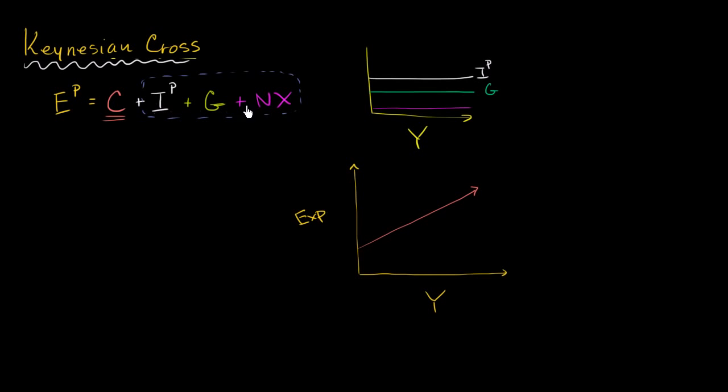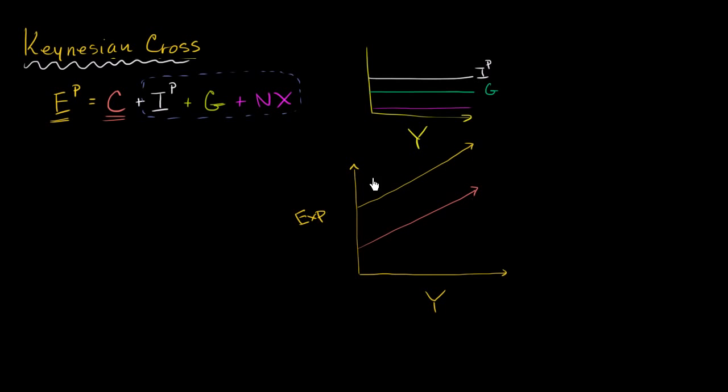And then if you add all of these constants to it, then your graph for aggregate planned expenditures would look something like this. So if you added just net exports, it would get a little bit higher because these are constant. At any point, you would add this much. If you add government, a little higher than that. And if you add all of them, including planned investments, you might get something that looks like this.